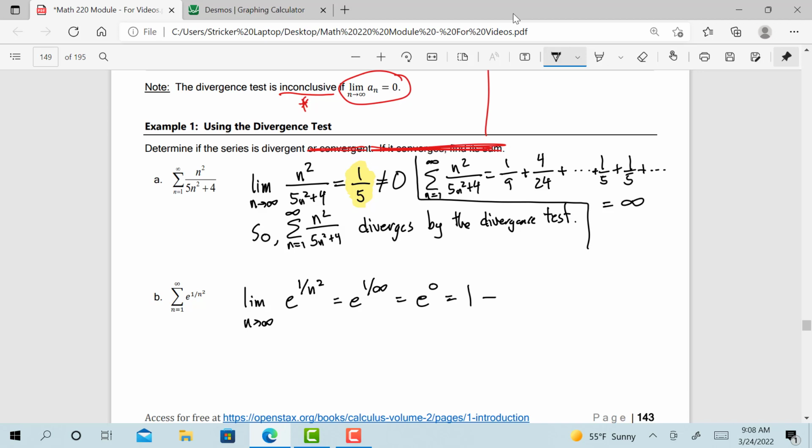This is some constant other than 0. So what can we say about the series? We can say it diverges. So the sum from n equals 1 to infinity of e to the 1 over n squared diverges by the divergence test.